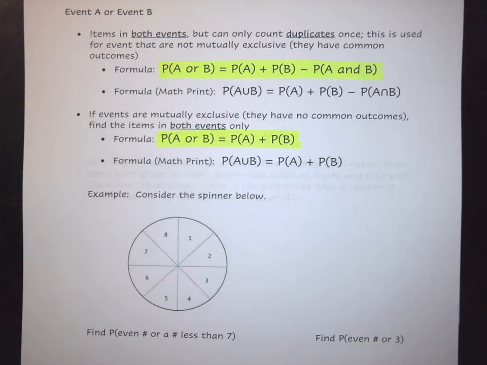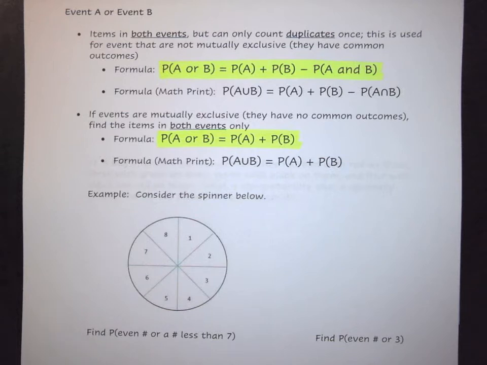Meaning if I had a classroom made up of both males and females and I was trying to look at events occurring and I wanted to know what the probability is of having both females and students with brunette hair in my class, well, there's going to be some overlap there because there's a possibility that I may have some female students that do have brunette hair.